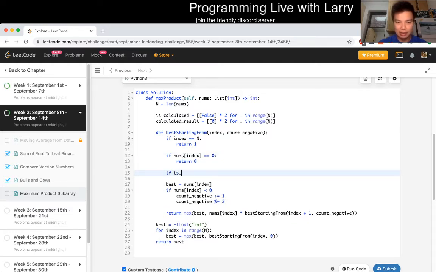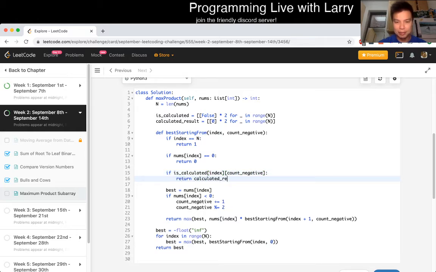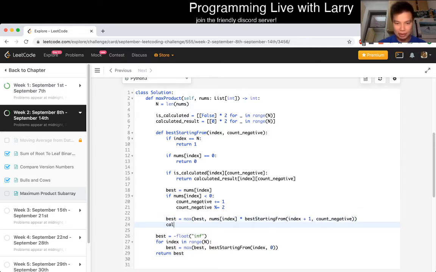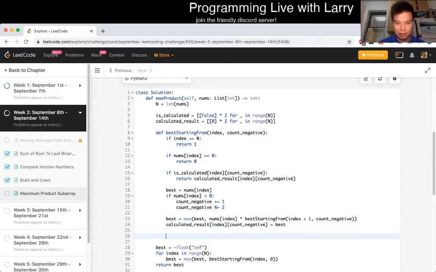If is calculated of index count negative, we return calculated result index count negative. Otherwise we want to do calculated result of index count negative is equal to best, return best.